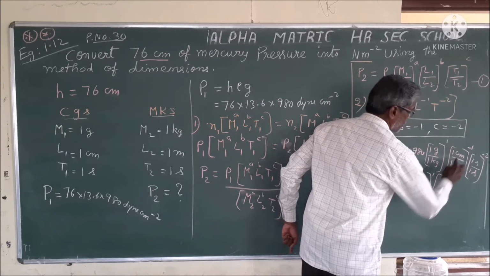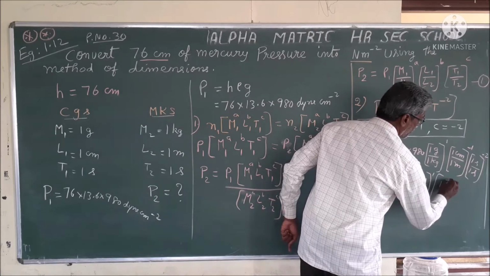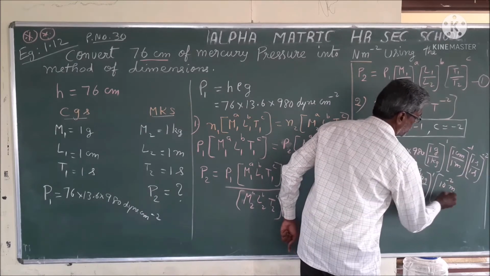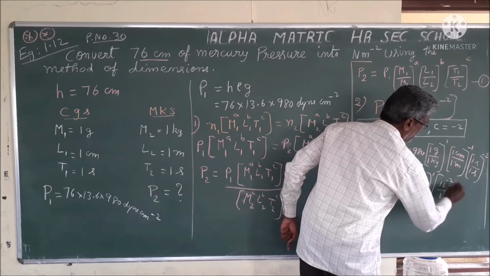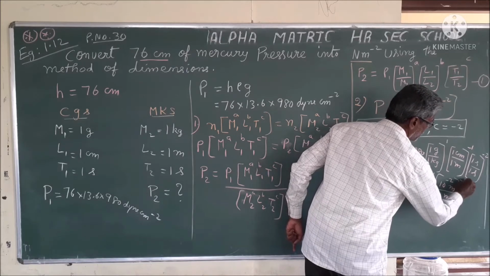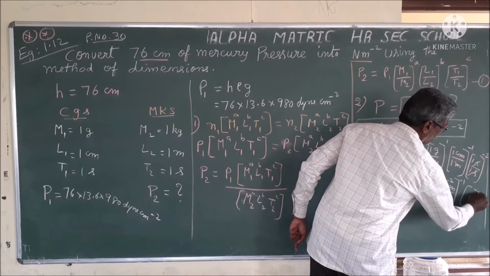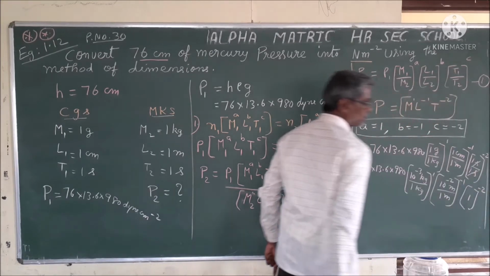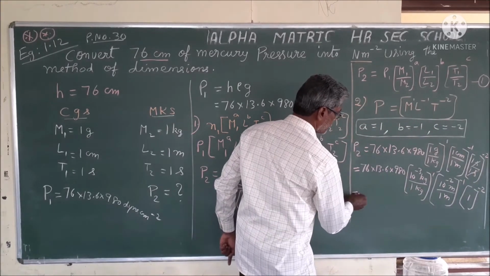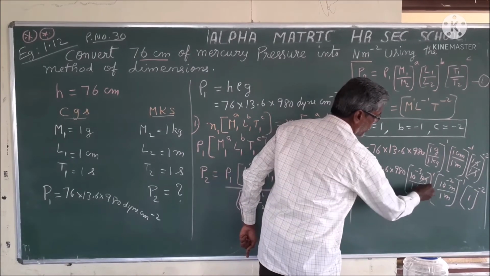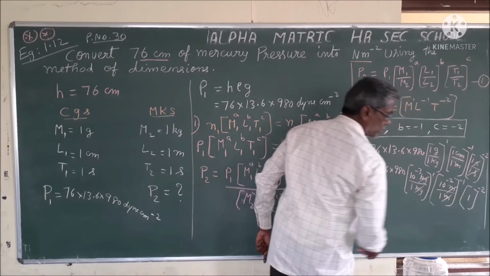Then 1 centimeter, it is 10 power -2 meter divided by 1 meter whole power -1. Here 1 second and 1 second cancelled, so 1 power -2. Now you see this kilogram cancelled, meter cancelled.